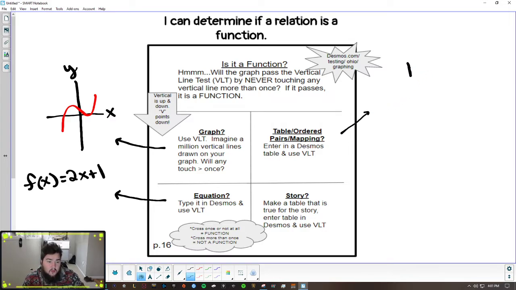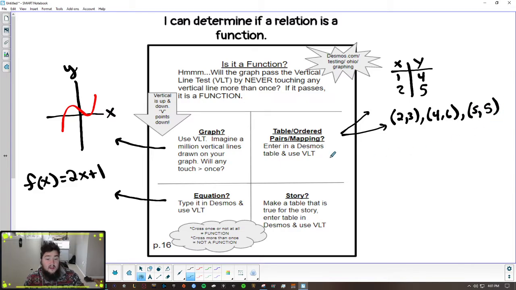For a table, we may have an XY table with our numbers. It may be a list of ordered pairs: 2, 3, 4, 6, 5, 5. It also might be a mapping. I don't know if we've ever seen a mapping before, but here's what it looks like.